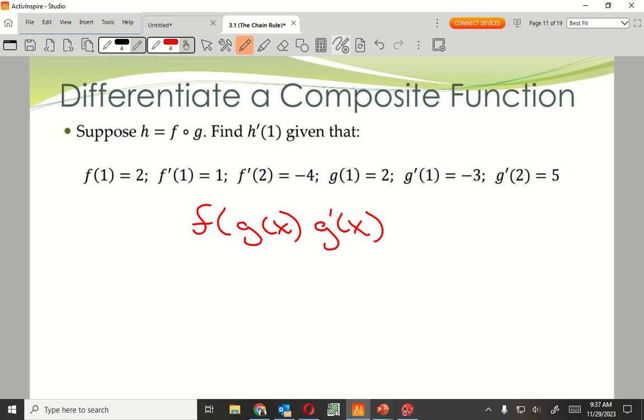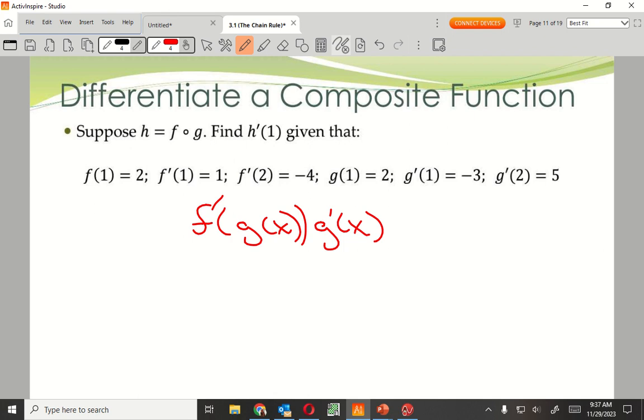G prime of this times this. Okay. So this is your composite function. So write down this formula to go along for these composite functions. Is there another parentheses? Oh wait, another parentheses right there. You're right. Okay, got it. So I had the derivative inside, but I messed up the derivative outside.